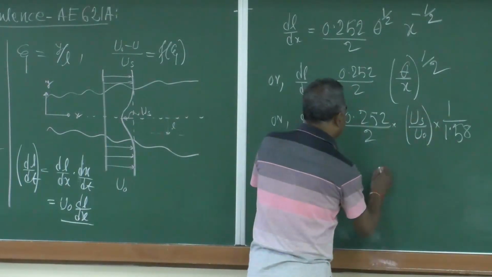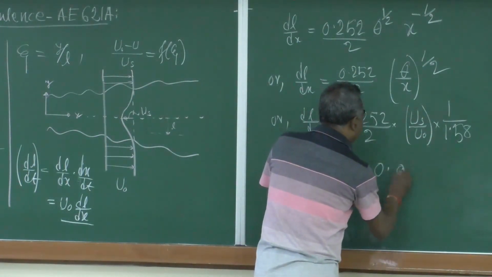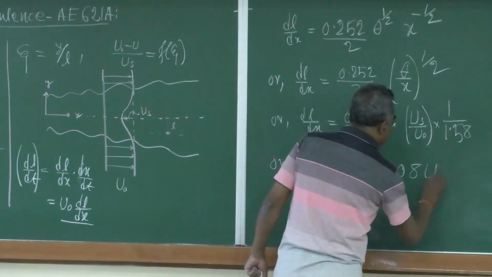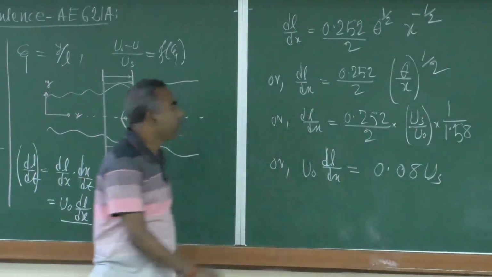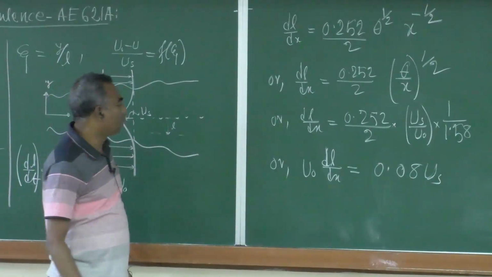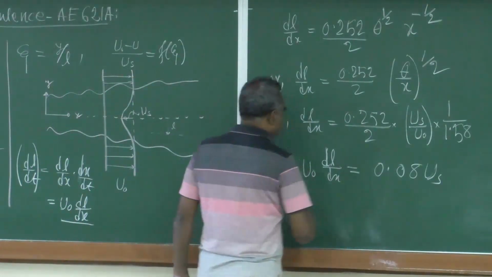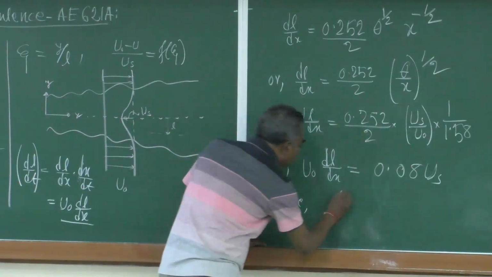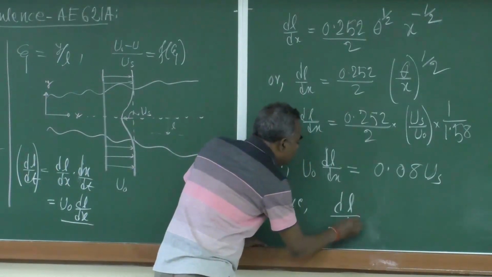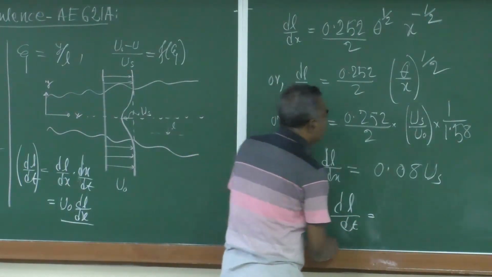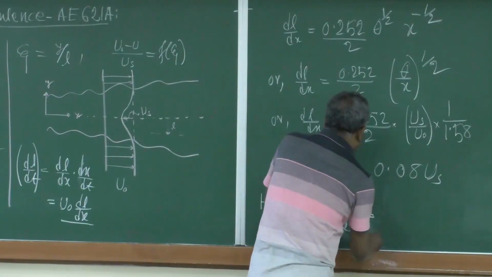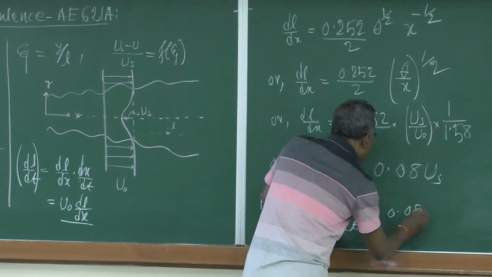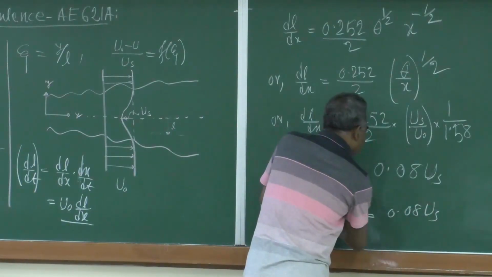If you calculate, this is going to come about 0.08 US. That is what you are going to get. Hence your dl dt equals 0.08 US.